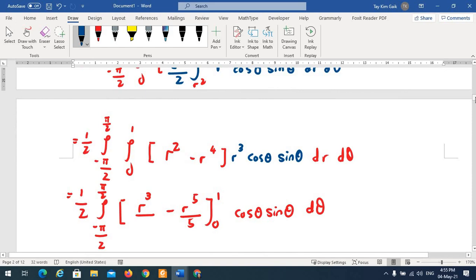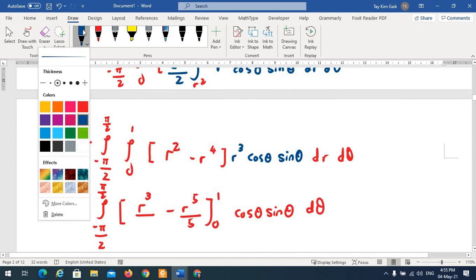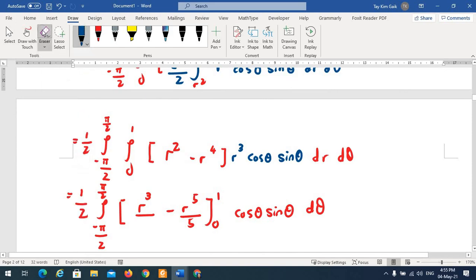So total is r power 5. This one when you expand here, total r squared times r cube, you have r power 5. That's why r power 6 divided by 6. So r power 7 times r power 3, r power 7. Okay, so you have r power 8 divided by 8.